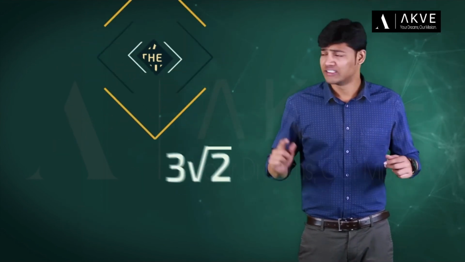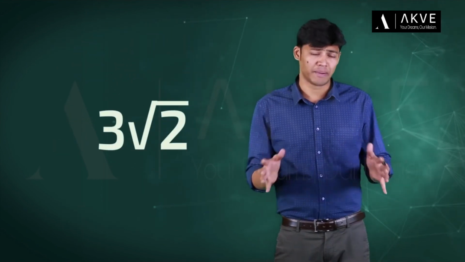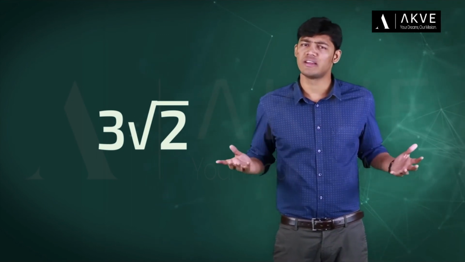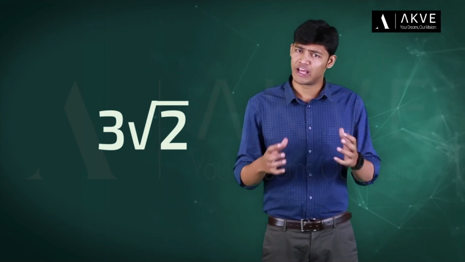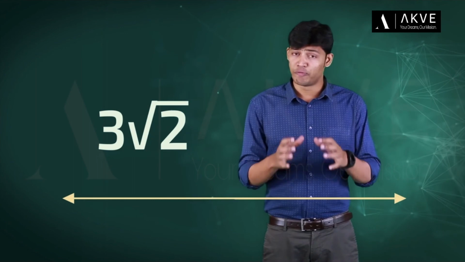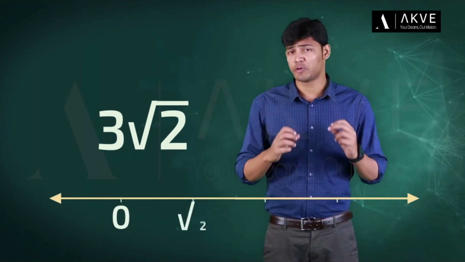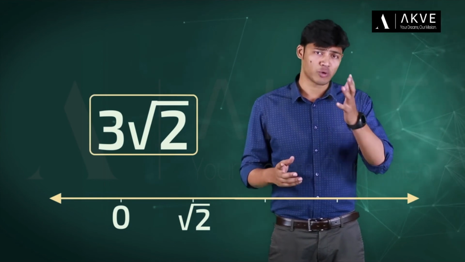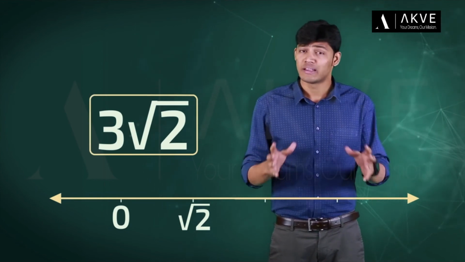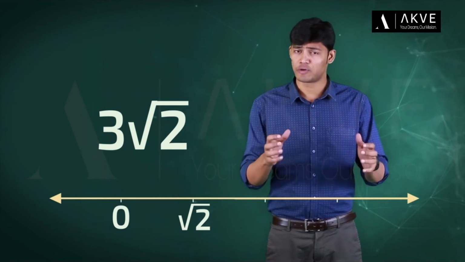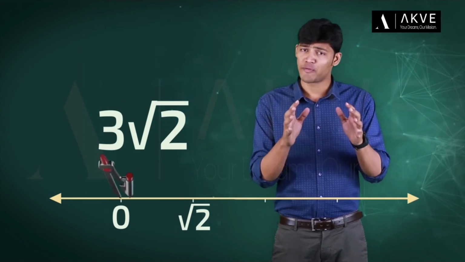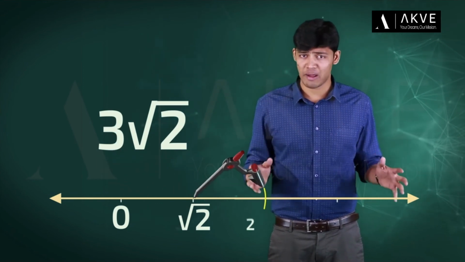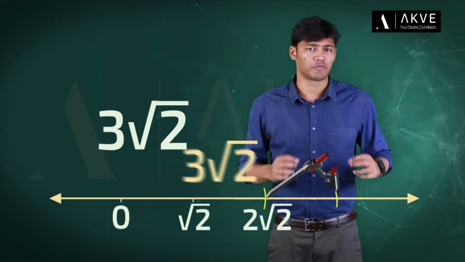And now, this irrational number 3 multiplied by square root of 2 can be easily represented on the number line with the help of a compass. We know the representation of square root of 2 from our previous videos. And 3 multiplied by square root of 2 will be simply 3 times the length of square root of 2, and so with the help of a compass we can easily represent 3 multiplied by square root of 2 on the number line.